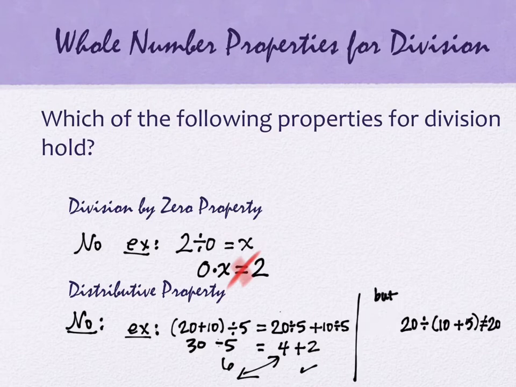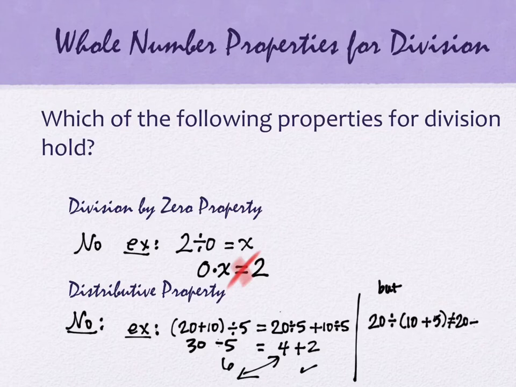All right, so here this would end up being 20 divided by 15, which is not a whole number. But on the right-hand side, I would get 2 and 4, right? And these do not work. The non-whole number on the left does not equal the whole number 6 on the right. All right, so we will pick back up next time with algorithms for division.